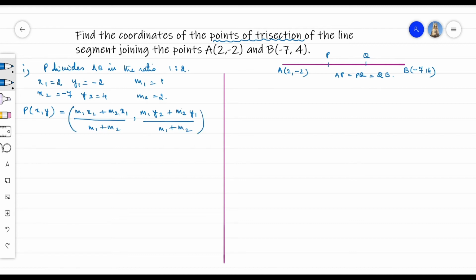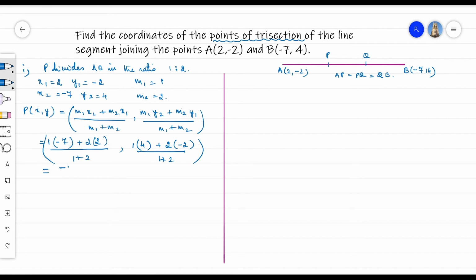Let us substitute the values. So that is equal to m1 is 1, x2 is minus 7, m2 is 2 and x1 is 2 divided by 1 plus 2. In the same manner, m1 is 1 and y2 is 4 plus m2 is 2 and y1 is minus 2 divided by 1 plus 2. Let us simplify and write the answer.